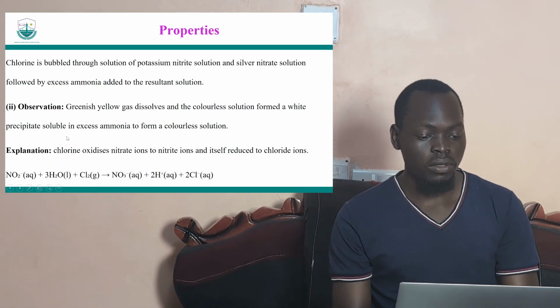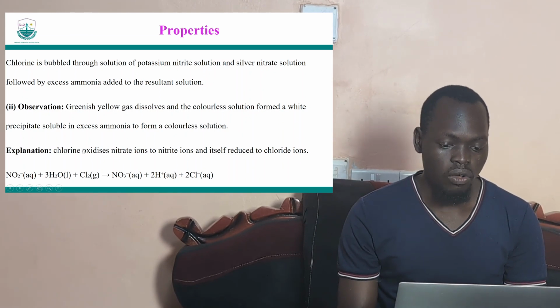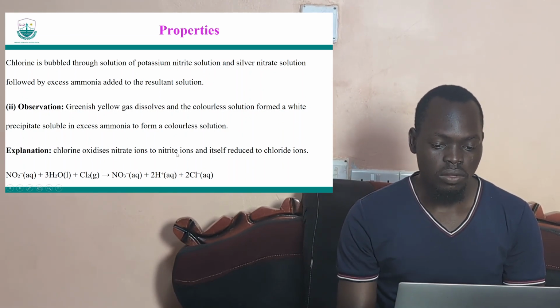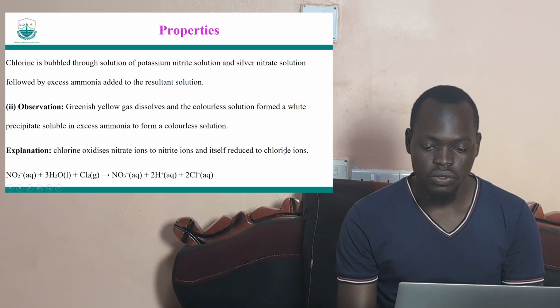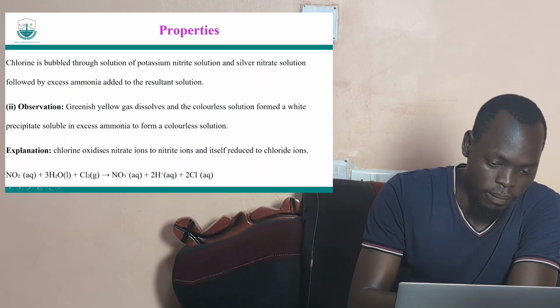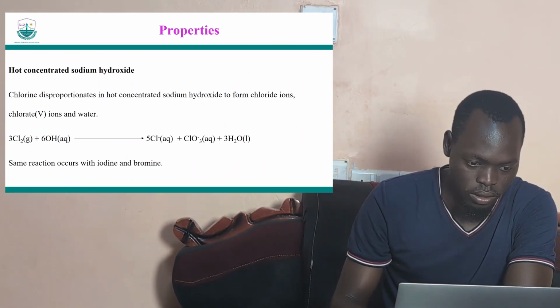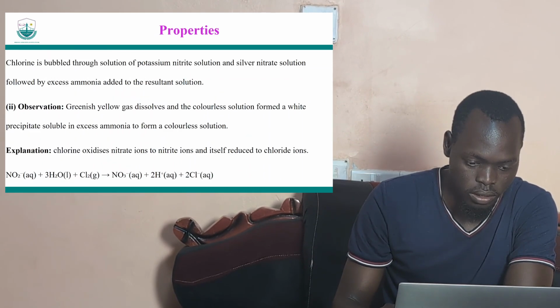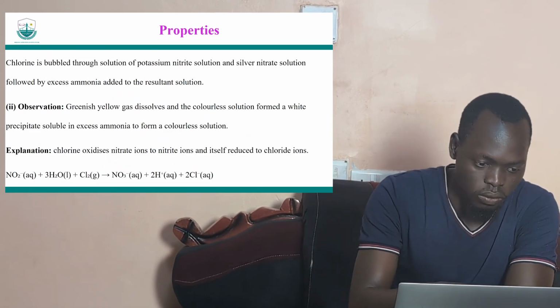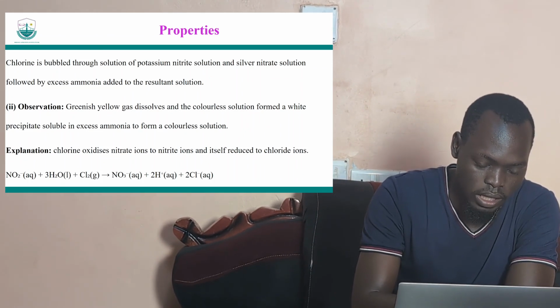Let's look at an explanation for this observation. Chlorine will oxidize the nitrite ions to nitrate ions, and itself will be reduced to chloride ions. Let's take a look closely at what happens right here.